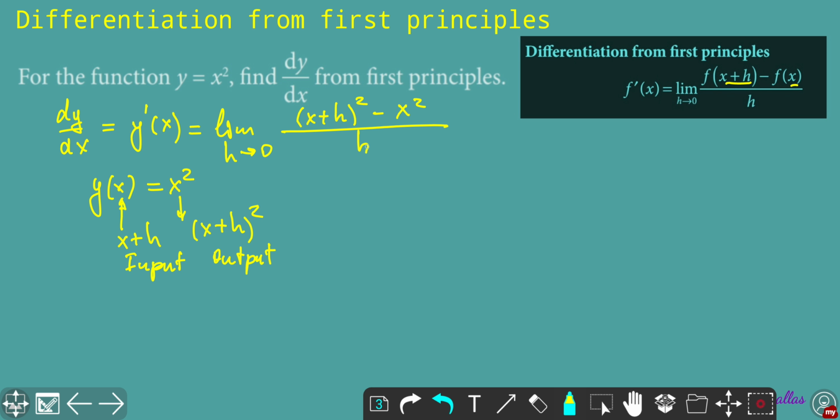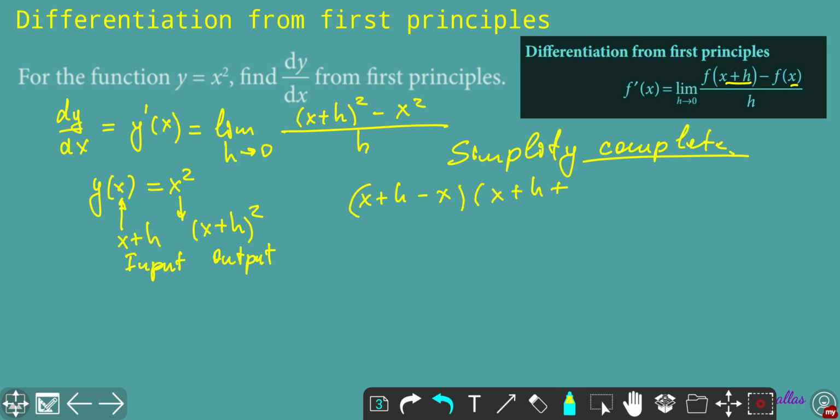You cannot just plug in h equals 0, because you would violate the rule: you would be dividing by 0. So first, simplify completely. Instead of expanding the brackets, I'll better use the formula for the difference of squares: (x plus h minus x) times (x plus h plus x), all over h, still with the limit as h tends to 0.